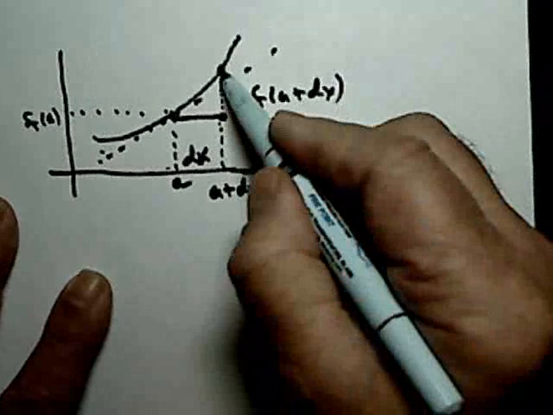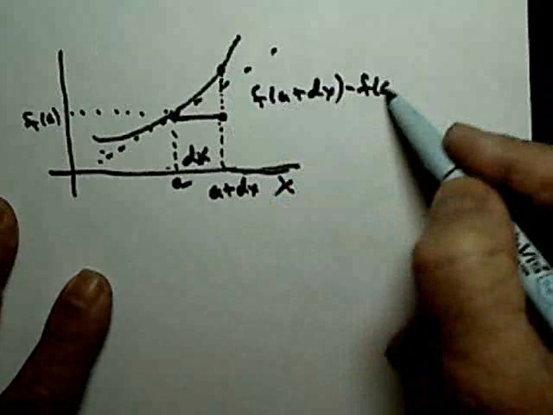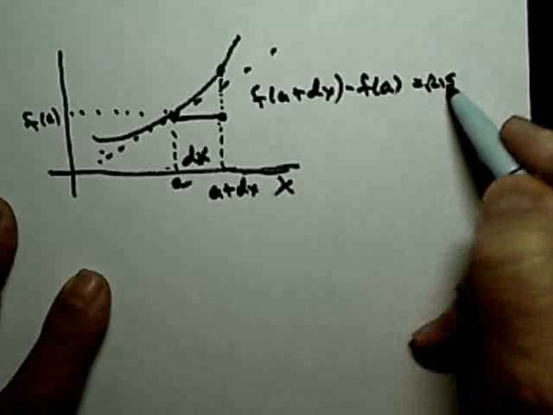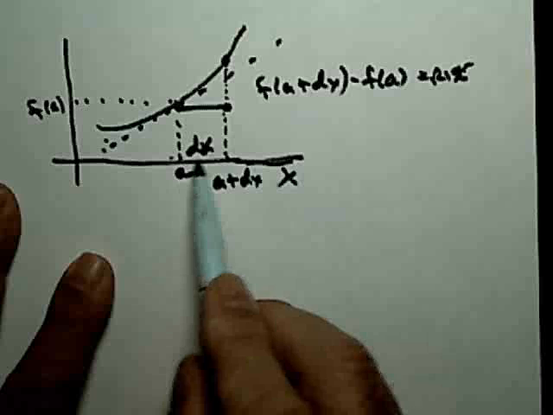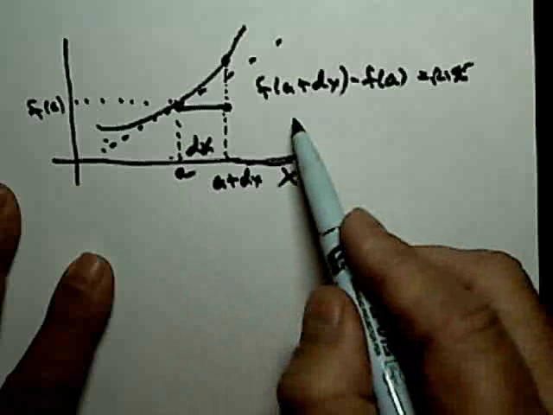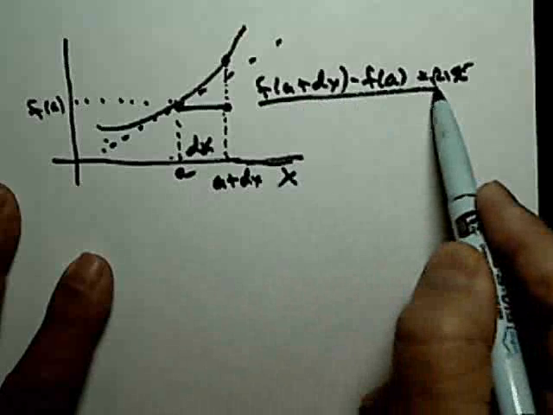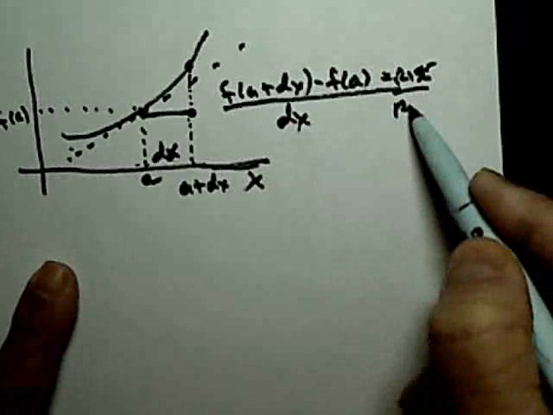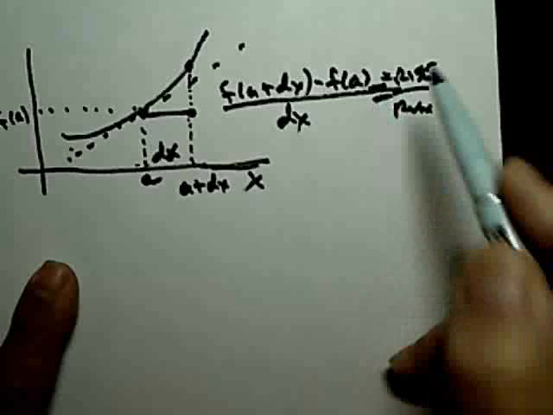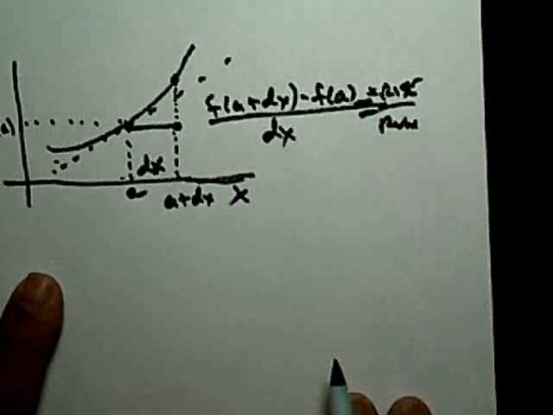That's this height minus f of A, and that would be the rise. And the run is what? Well, you've gone from A to A plus dx, so the run is dx. So if you take the rise and divide it by the run, this would be the derivative.